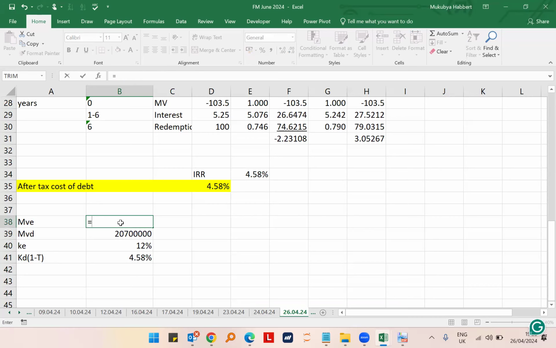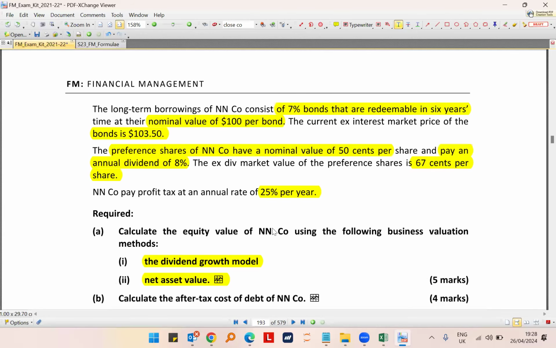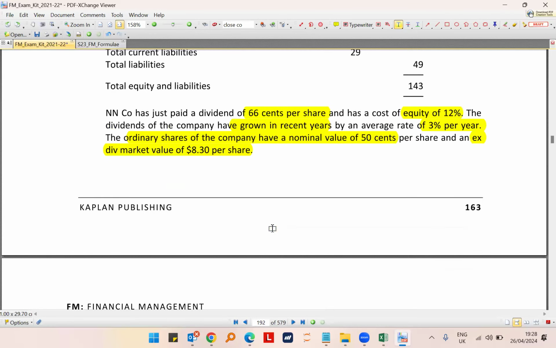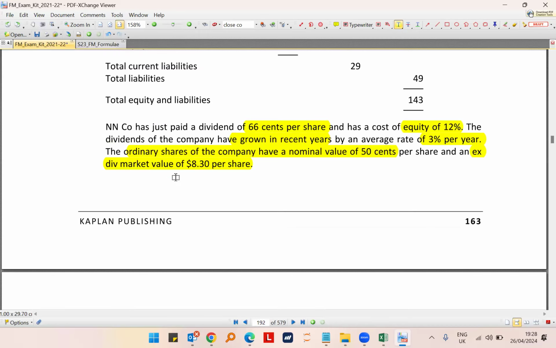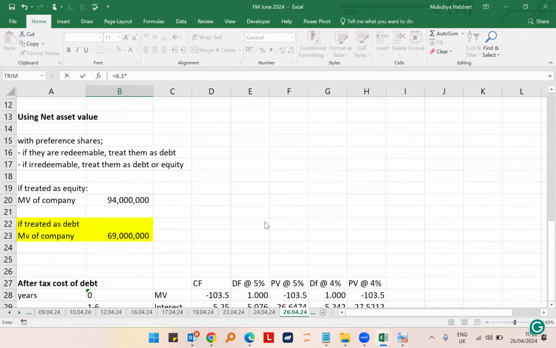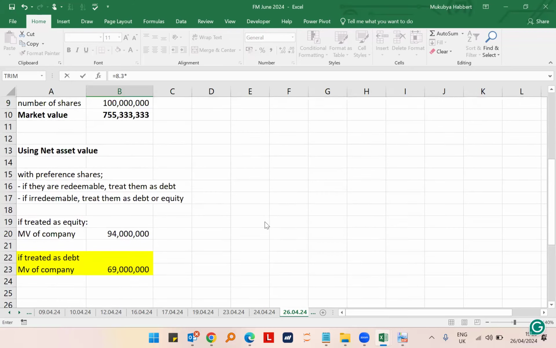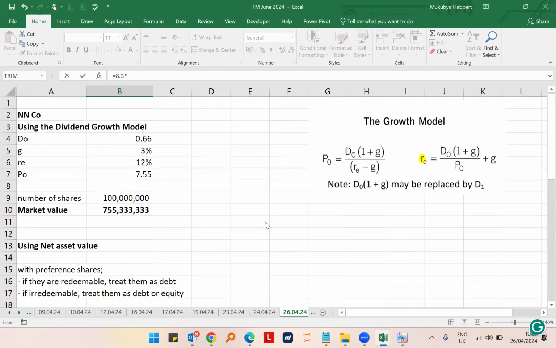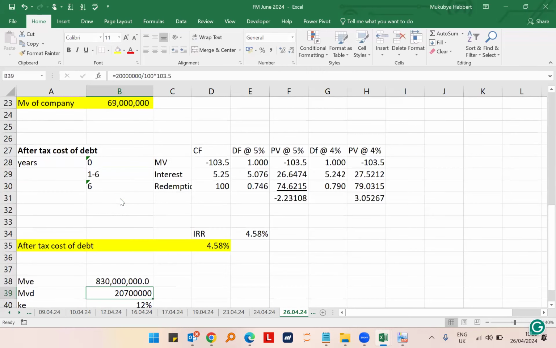Market value of equity is the share price, which is given as 8.3, multiplied by how many shares we have. How many shares did we have? 100 million shares. Which gives us 830 million.